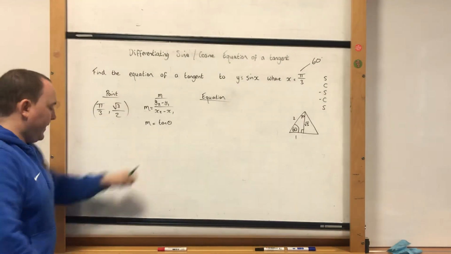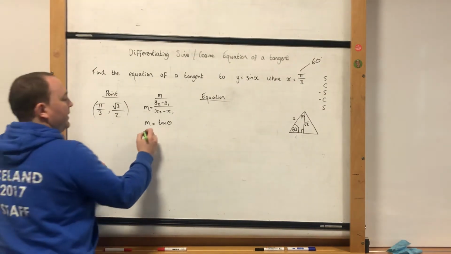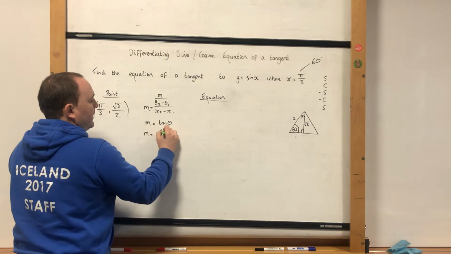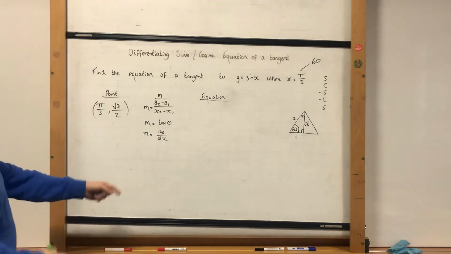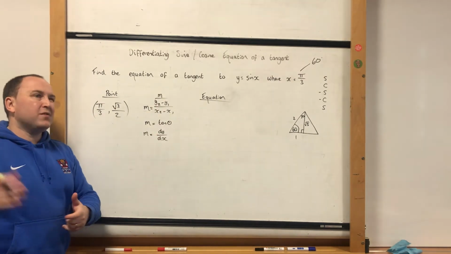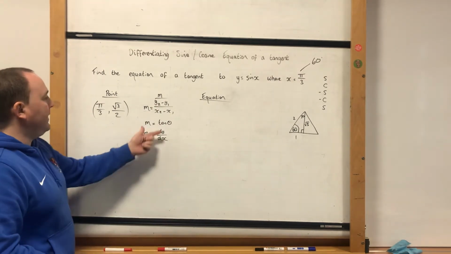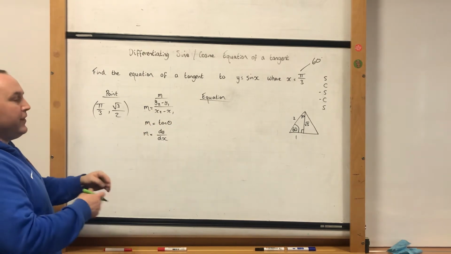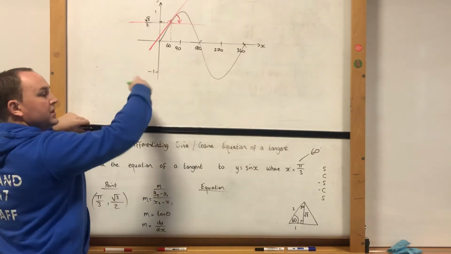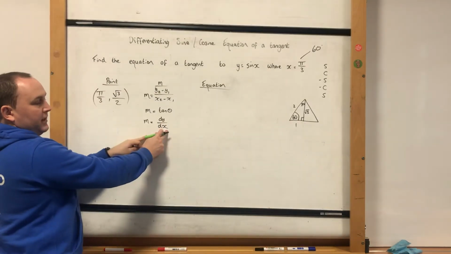So our other option is our derivative. Thinking through two points, that's really National 5 or straight line, and tan theta is a bit higher straight line. For everything else, curves, we're thinking differentiation.